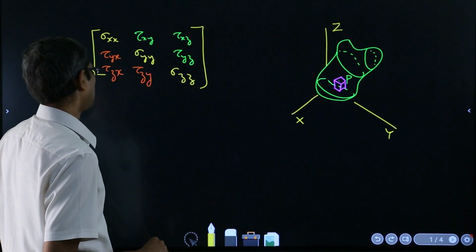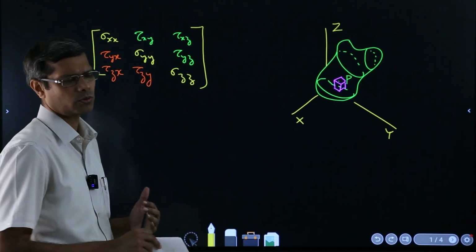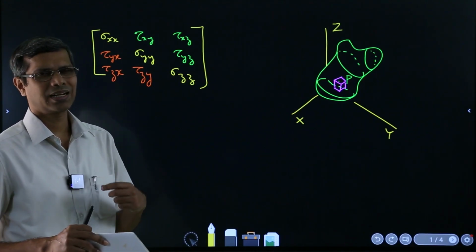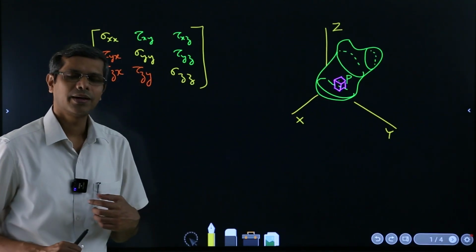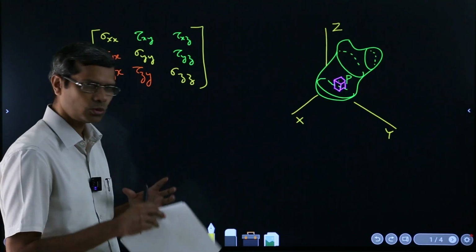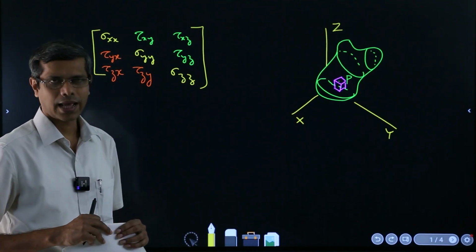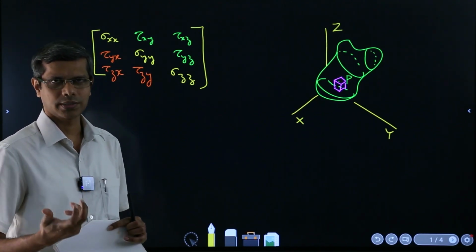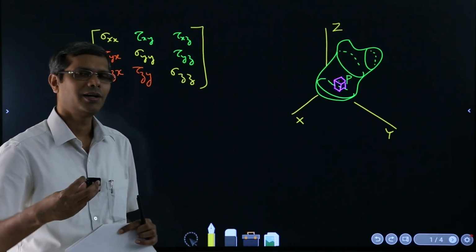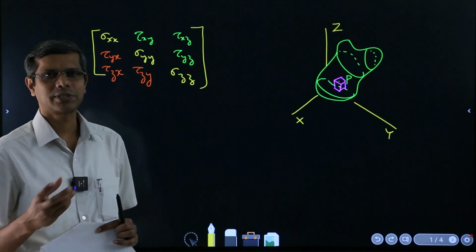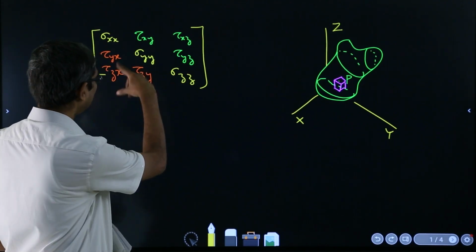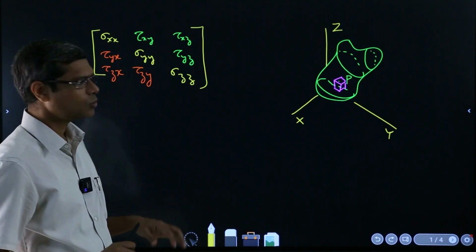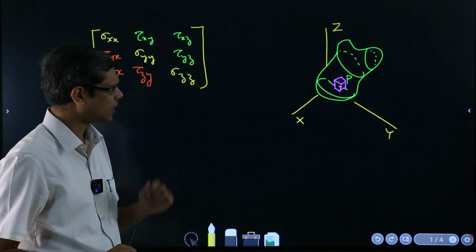But then how to do that? Let's develop the mathematics and a particular trick, basically a tool which you can use to do this analysis of moving around the coordinate system or the cuboid, and then see what's happening with these values of the stresses. But in 3D, to do that, it's a bit clumsy.